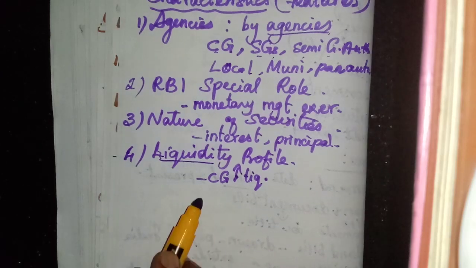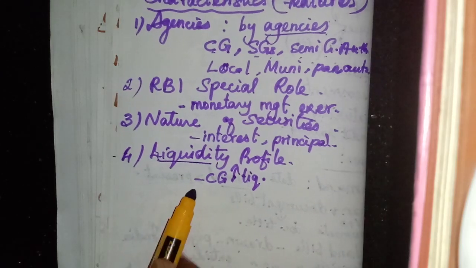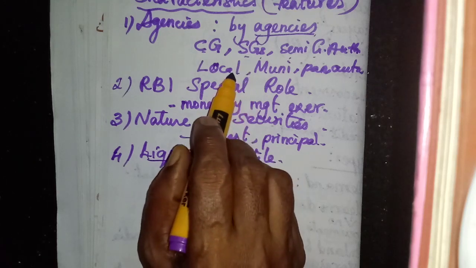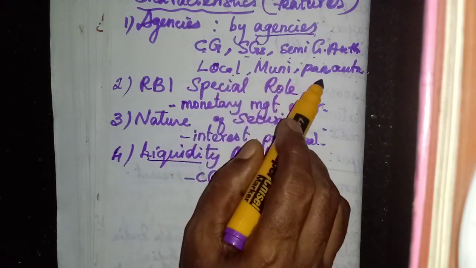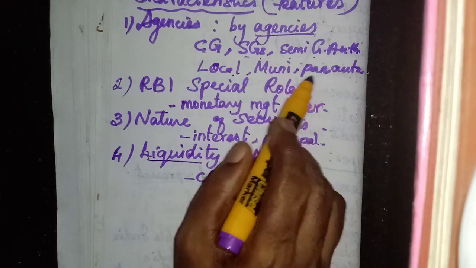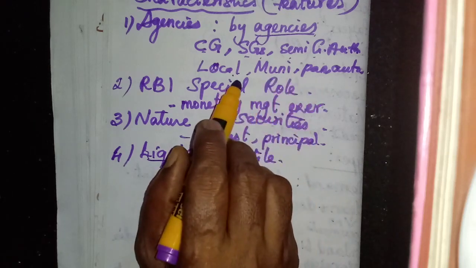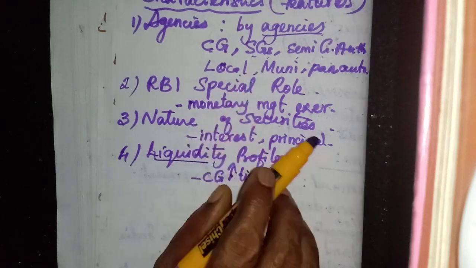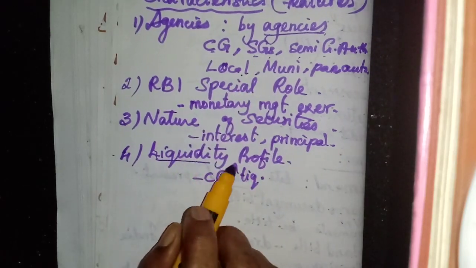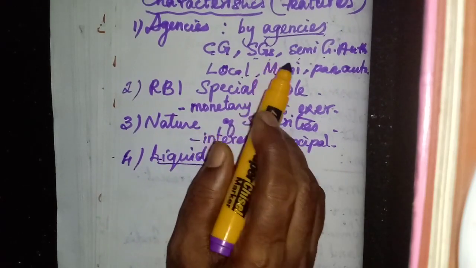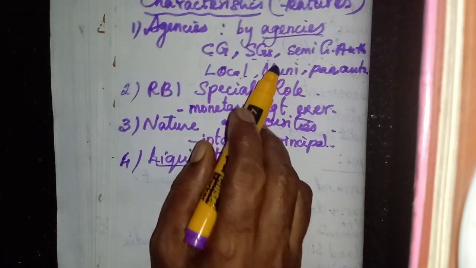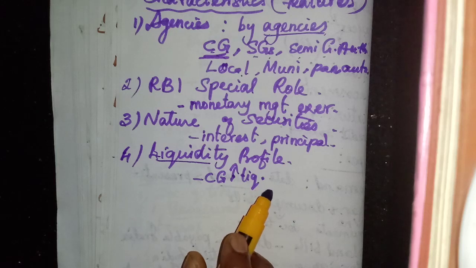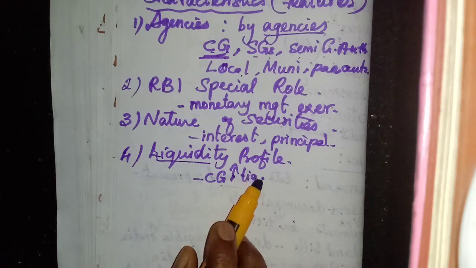That will vary, because many agencies issue them, even local self-government, municipalities, and autonomous institutions such as the port trust. So the liquidity profile will vary as per the agency that issued them. But the central government securities have a high liquidity profile.